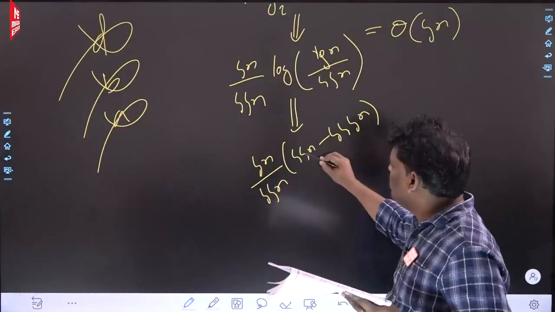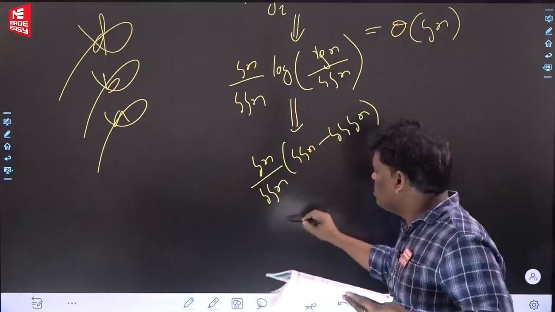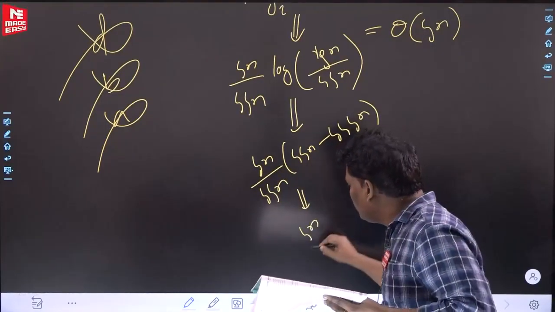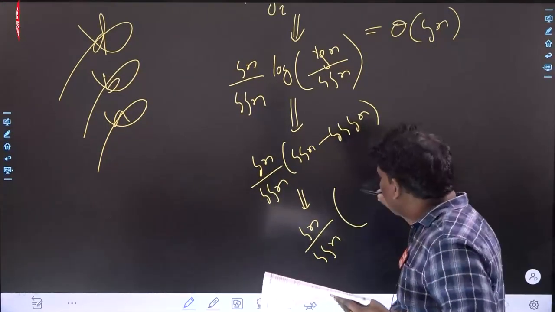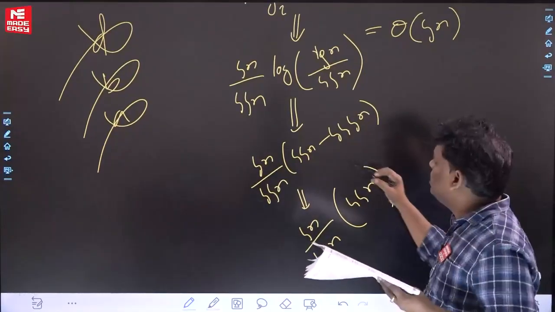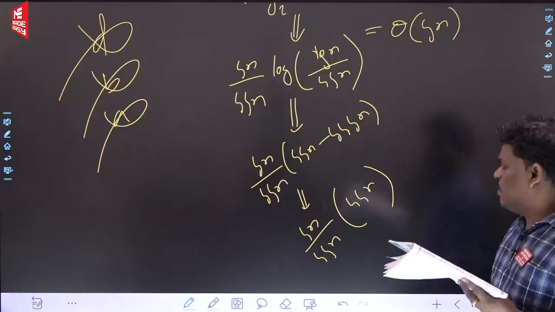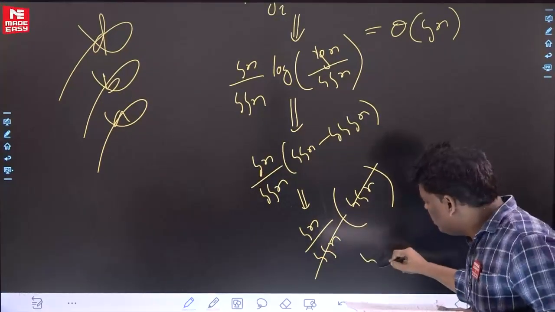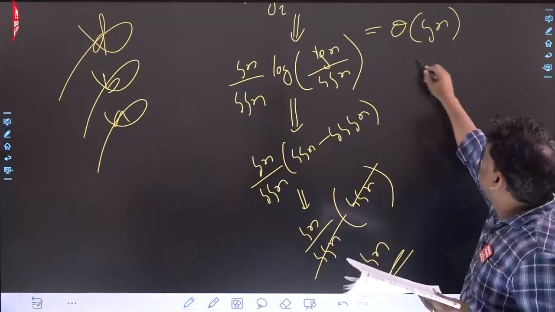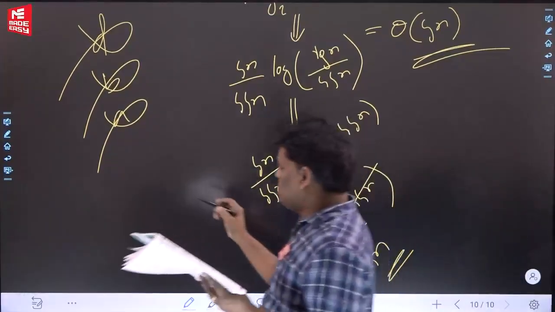I think everyone knows one is bigger and one is smaller. Asymptotically it is log n, because everyone knows n square minus n is asymptotically n square. Finally, these two cancel. Left is log n, right also log n. Answer is going to be C.